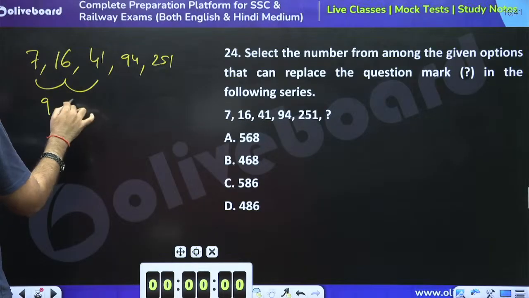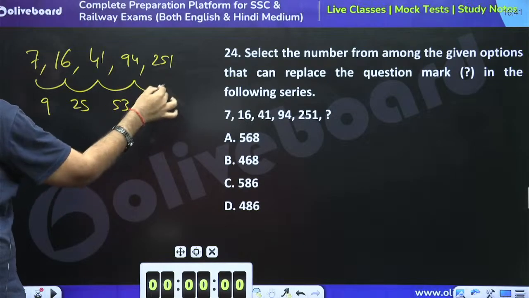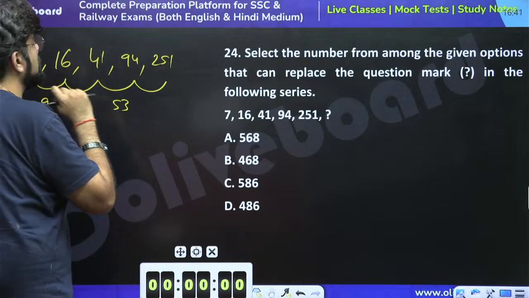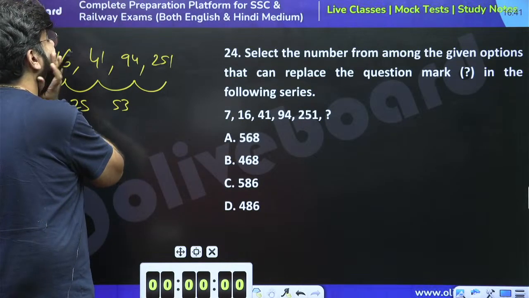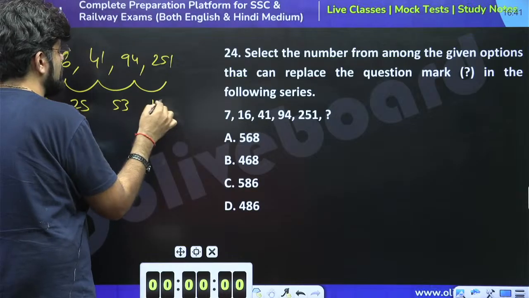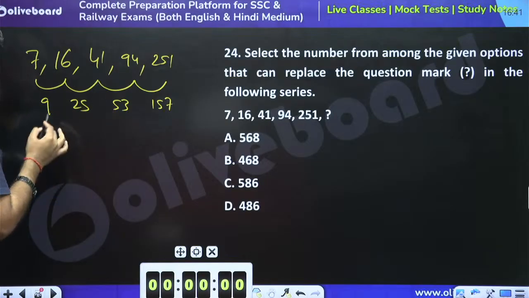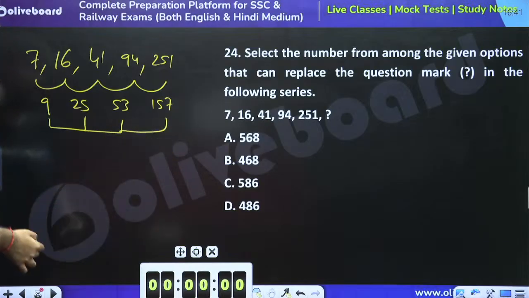This is 25, 53. 157. Okay. Now, no matter how hard you try, you will not be able to find some logic here. Let's check the double difference. For the sake of it, I am checking it. What if I get something?